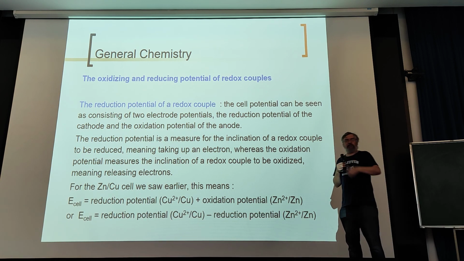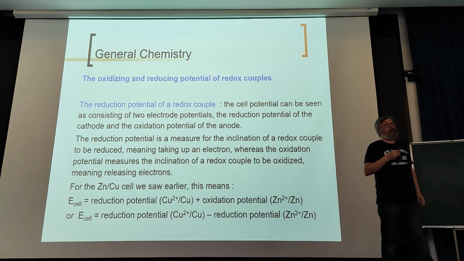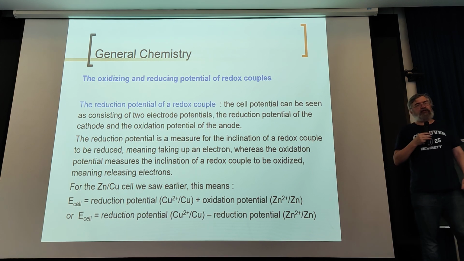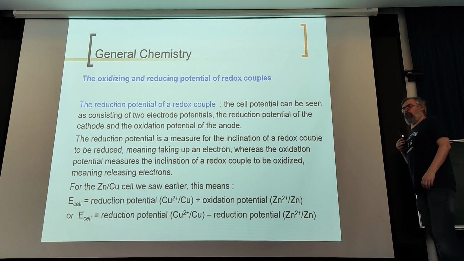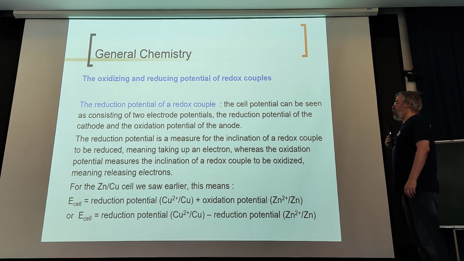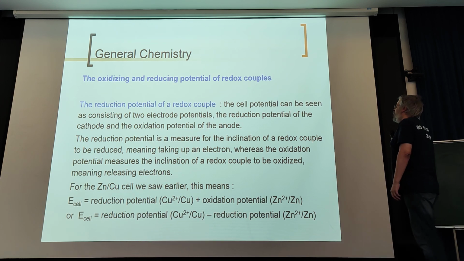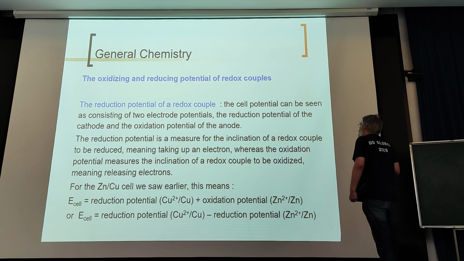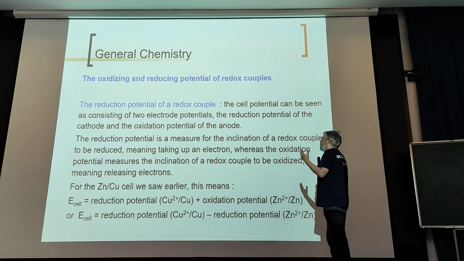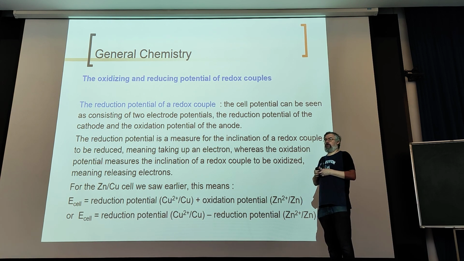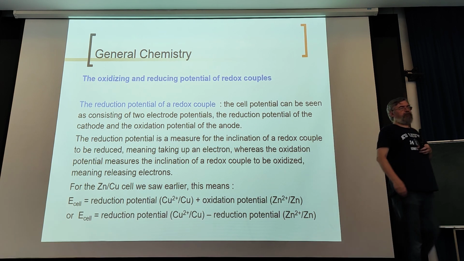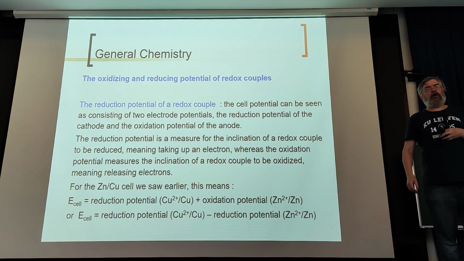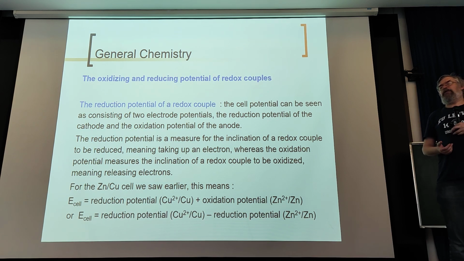Now about this potential. In fact, you have a potential to oxidize and you have a potential to reduce. And both are going on in the reaction. Of course, for a certain species, the oxidation potential and the reduction potential are related to each other.